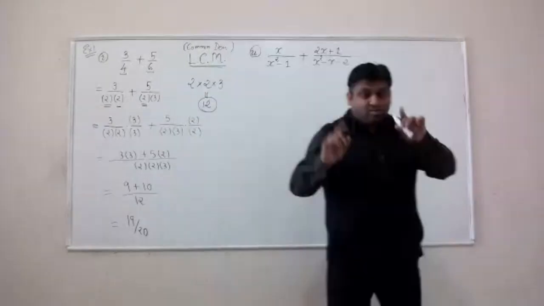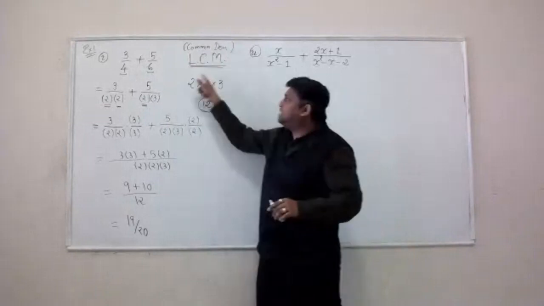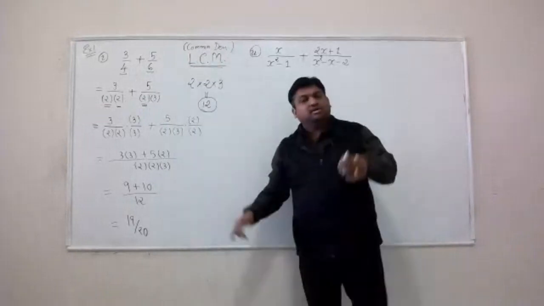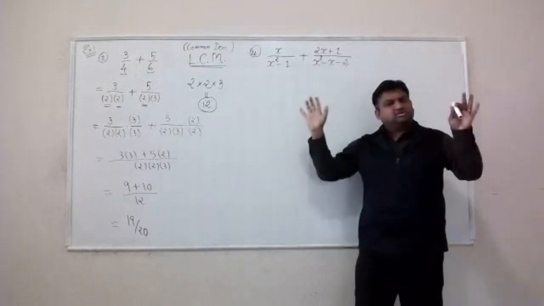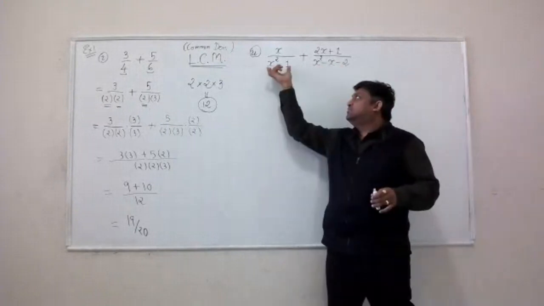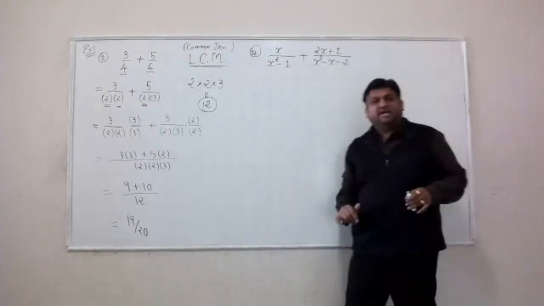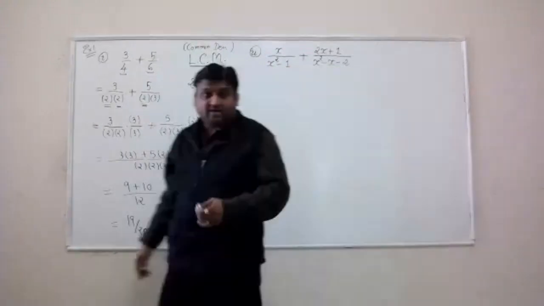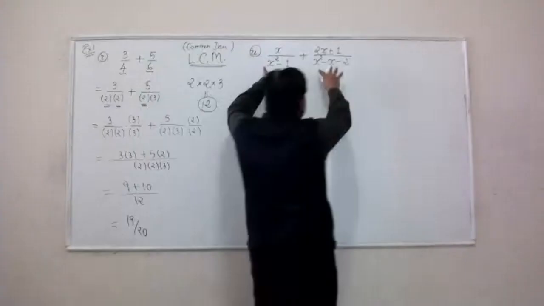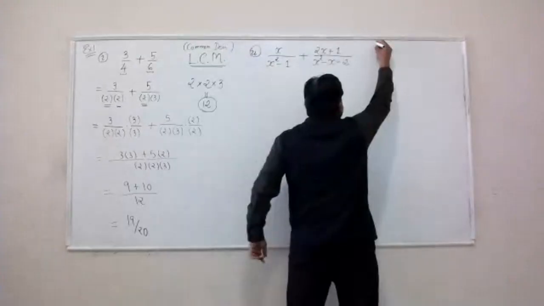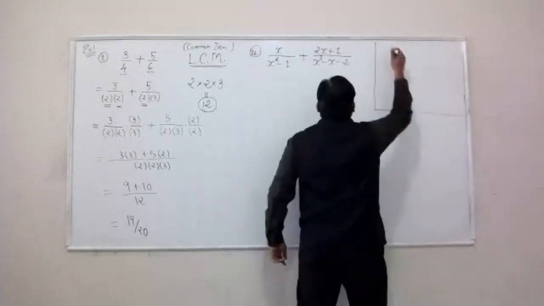What we need to do is come up with the least common multiple of the terms sitting in the denominator. So my first goal is to factorize this denominator and that denominator. We know how to factorize them, right? Let's try to factorize both of these denominators so that we can calculate the least common multiple.